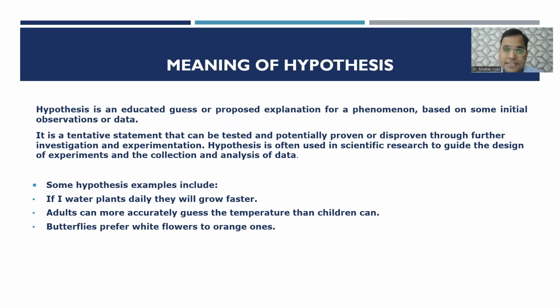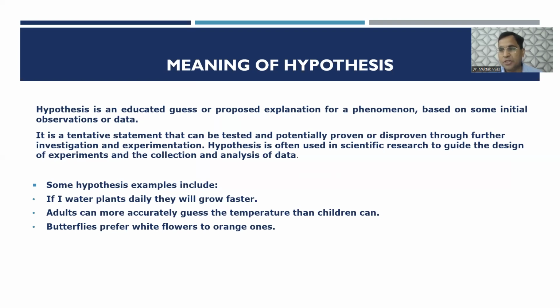It is a tentative assumption that can be tested and potentially proven or disproven through further investigation and experimentation. Hypothesis is often used in scientific research to guide the design of experiments and the collection and analysis of the data. So hypothesis is the tentative assumption, the validity of which remains to be tested.